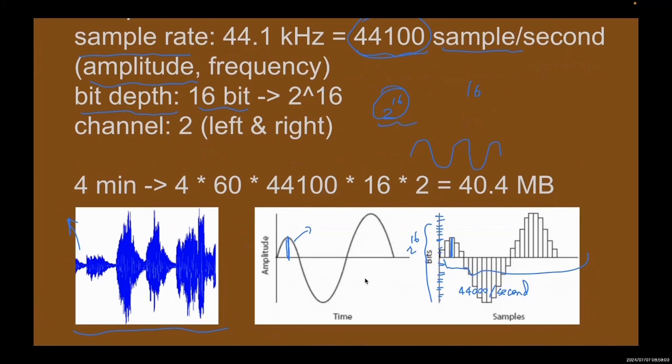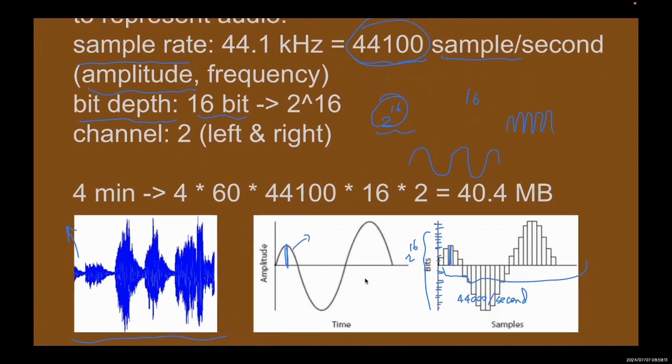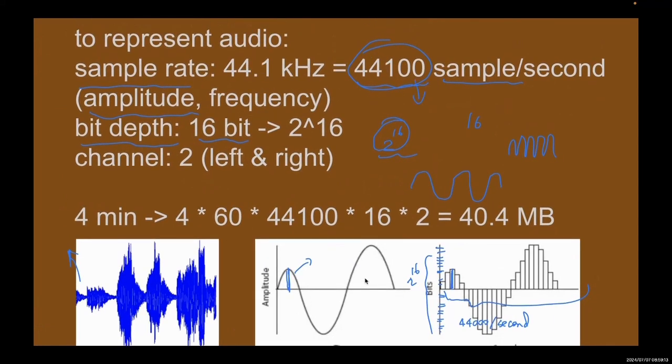And it's a low voice, and this is a high frequency, and it is a high voice, right? So the reason why we have to take so many samples in 1 second is to get the frequency information, so we can know how fast the frequency of the voice is, right?